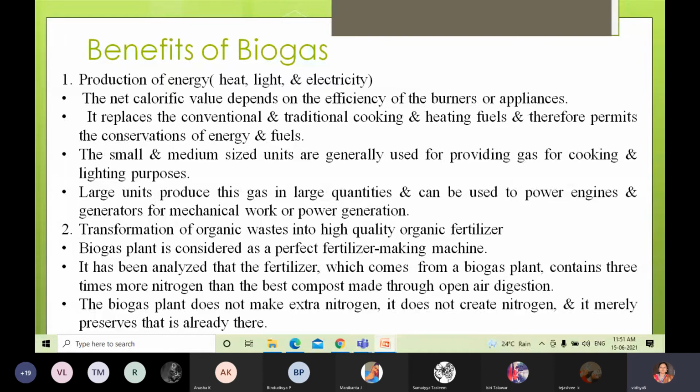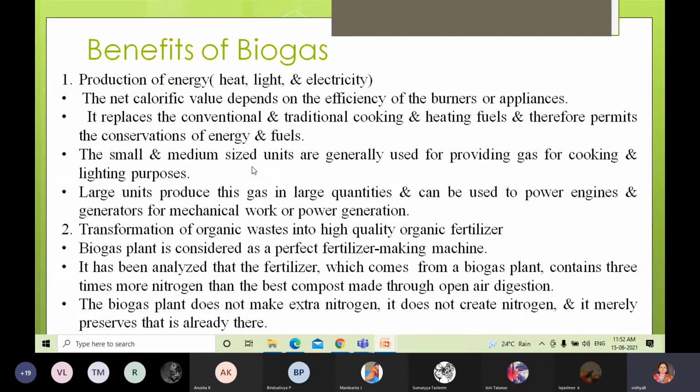Before, we used to cook by using wood. That is traditional cooking. So it replaces conventional and traditional cooking and heating fuels, such as wood or rubber, and therefore permits the conservation of energy and fuels.